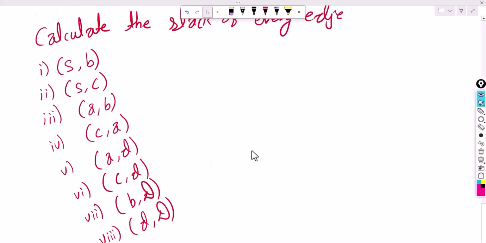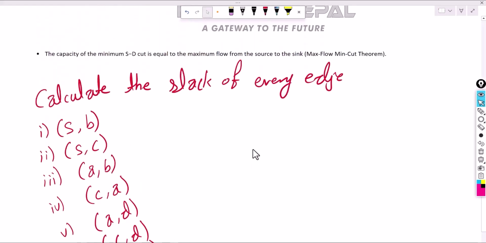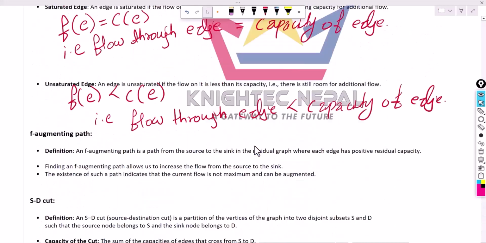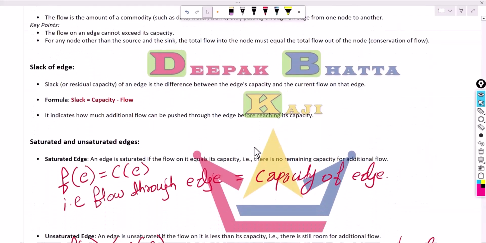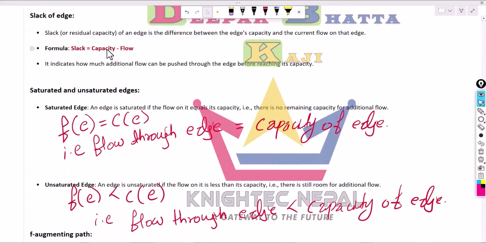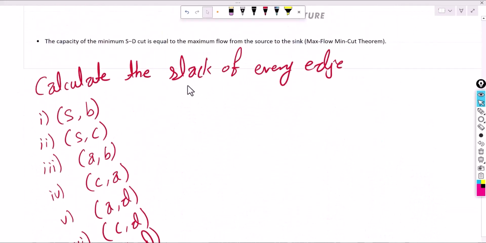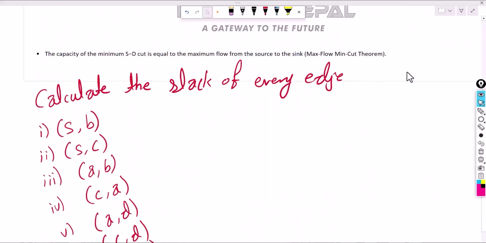So I already showed you the formula of slack. We have the formula slack equals capacity minus flow. So write down the formula: slack equals capacity minus flow. So what is the capacity of S to A, and what will be the flow of S to A?